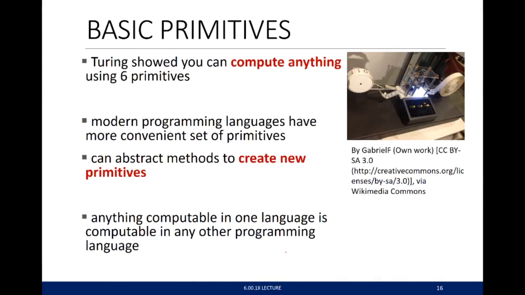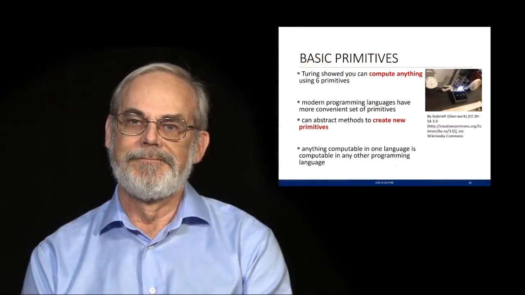A Turing machine is an infinite tape with a set of squares on it. In each square there's a symbol, could just be a 0 or a 1. And what Turing showed is if you have 6 operations, and those are move left, move right, scan, read, write, do nothing, with just those 6 primitives, you can compute anything that's computable.